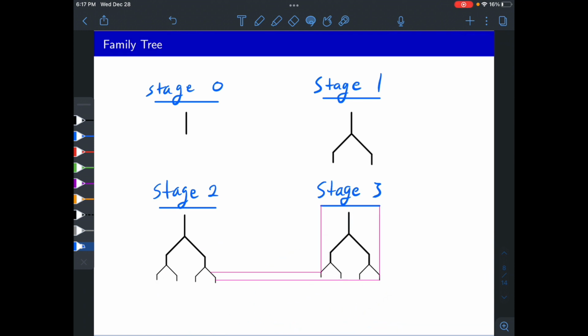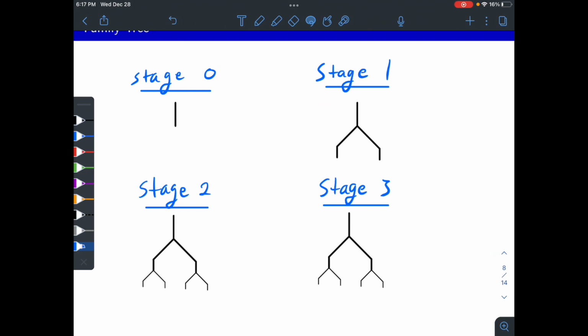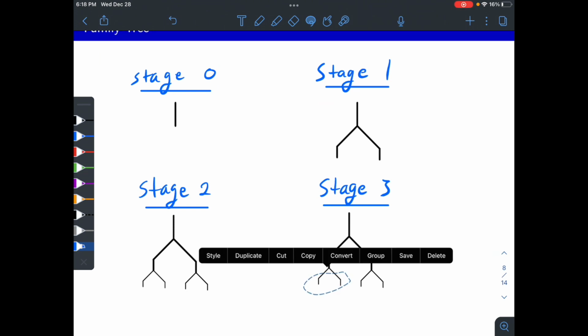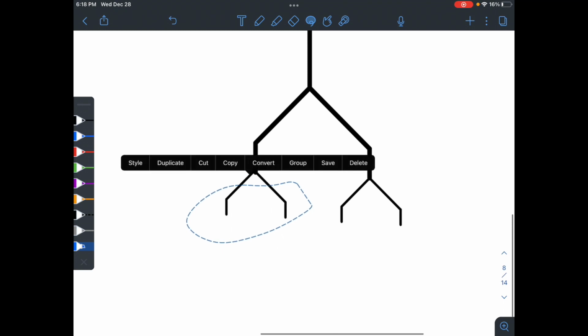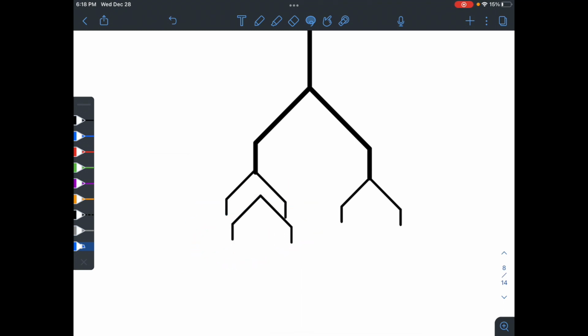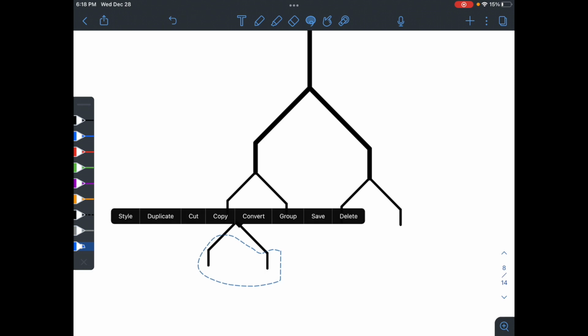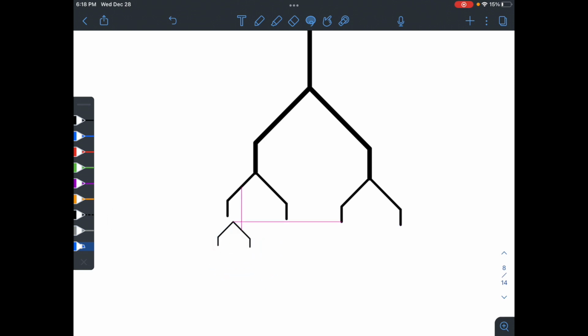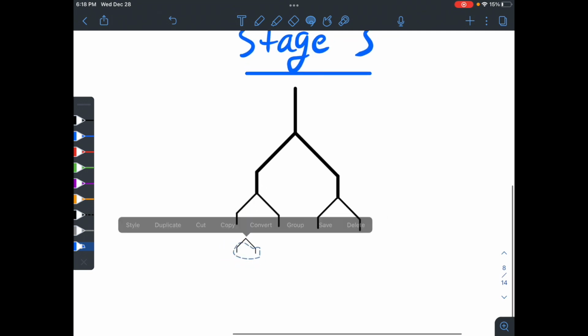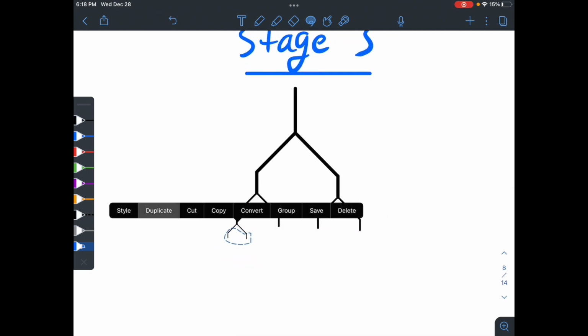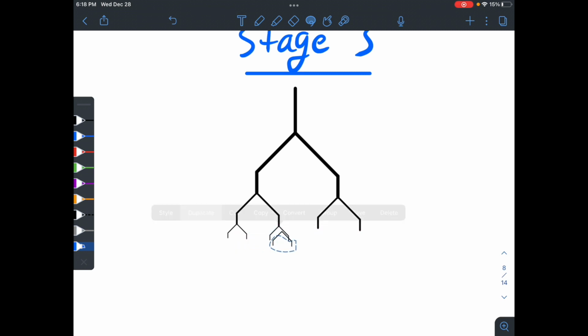So I zoom in so I can actually make this picture. All right, that's good enough. It's about half as big.